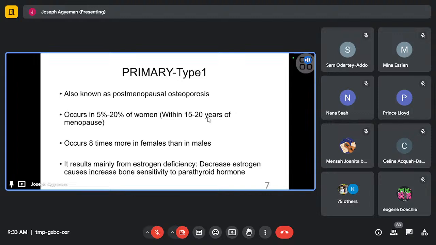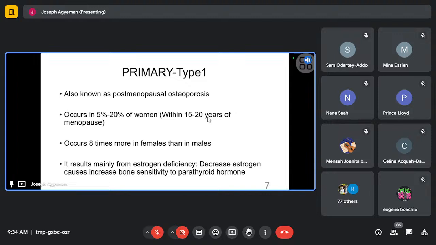This type, we are saying it's more common in women. So why are we talking about men here whilst we are mentioning menopause? Remember, men also produce an amount of estrogen. That is how come if any man has high levels of estrogen, the person exhibits feminine features. But since men don't depend on estrogen, and it is women who always depend on estrogen for some of these benefits, when the estrogen is not there between the two sexes, obviously the one who depends more on estrogen will suffer.